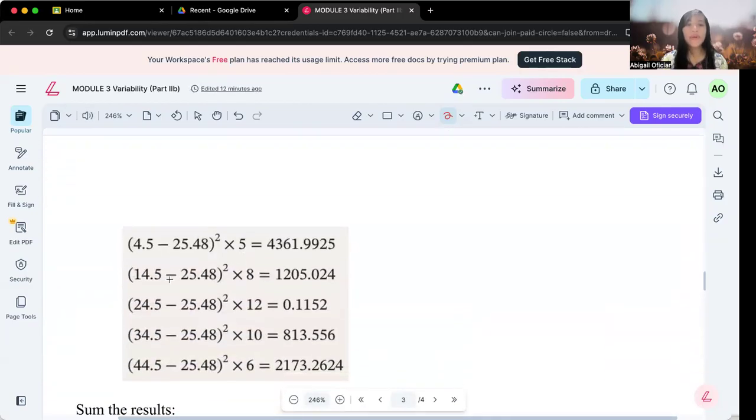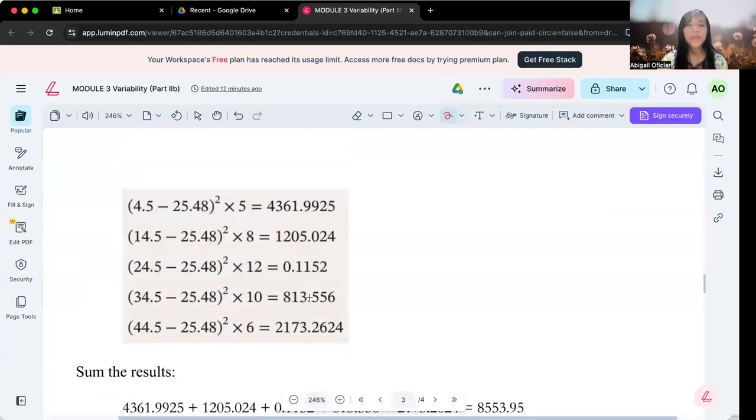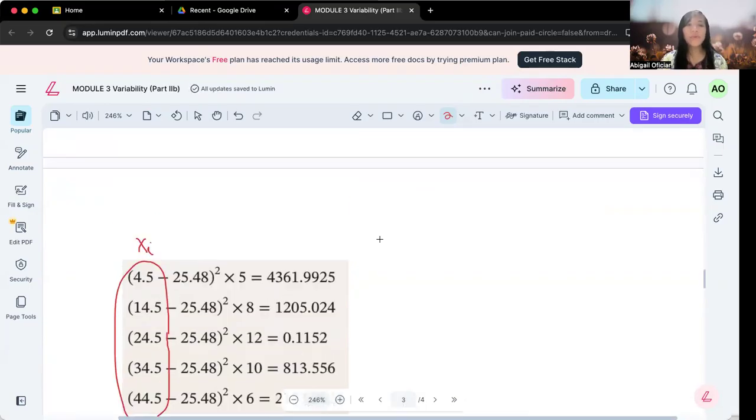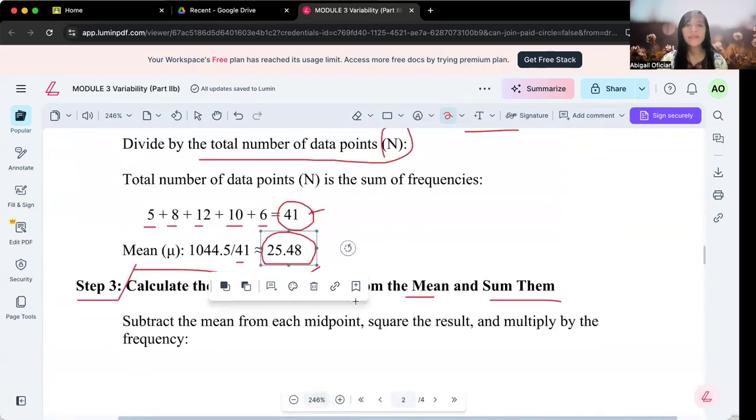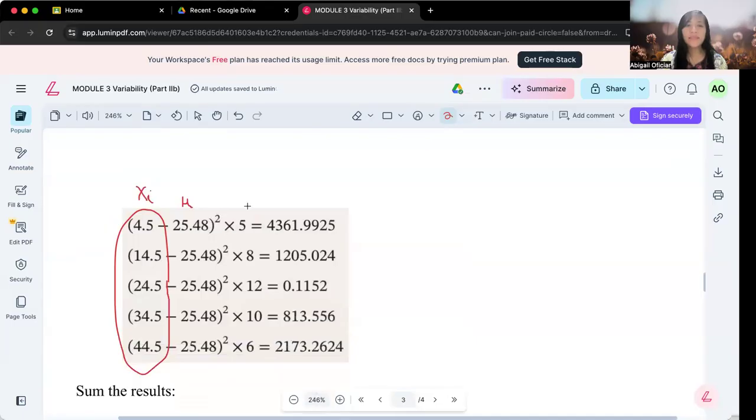So we have here the midpoints, and we have the mean, and we have to multiply that by our frequency.